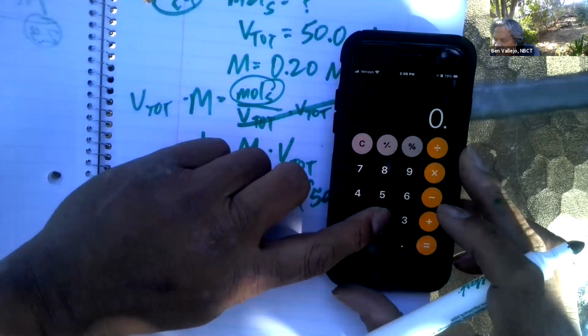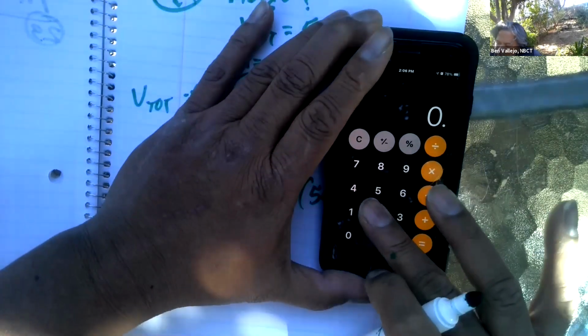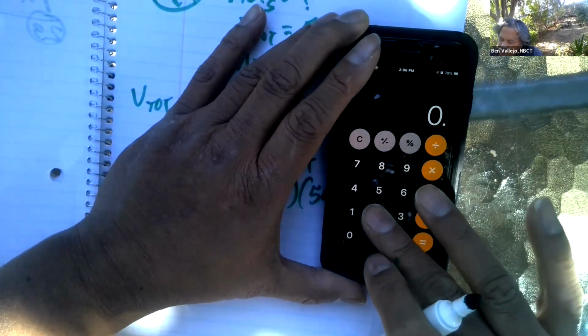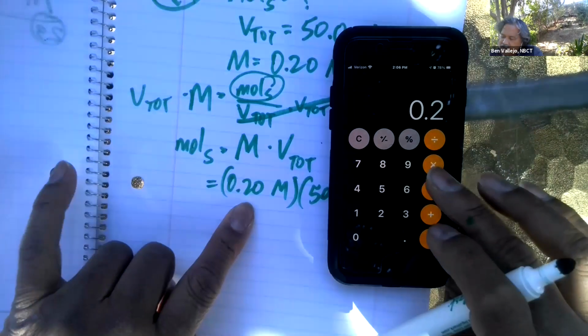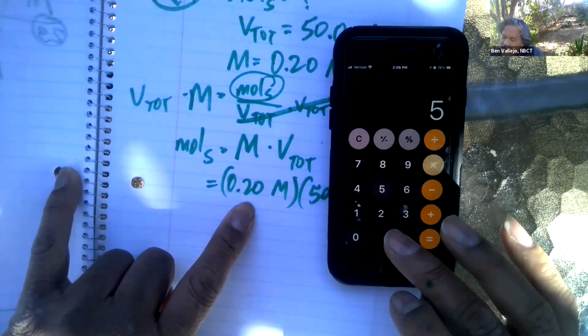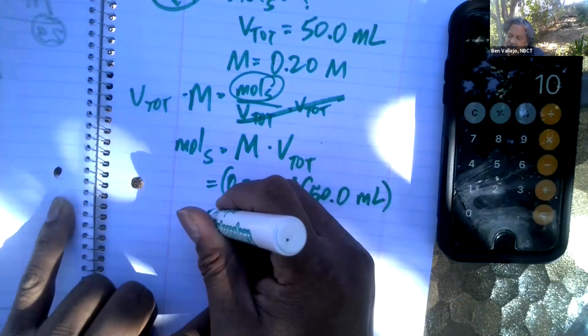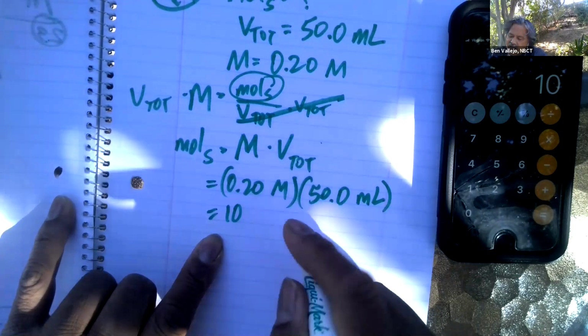Yeah, there's an air bubble underneath that. So 0.2, clear. 0.2 times 50 equals 10, which is 10.